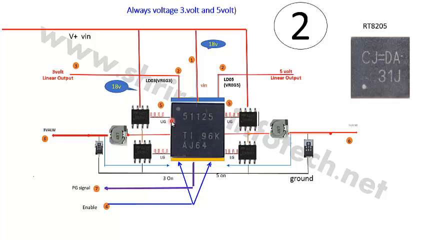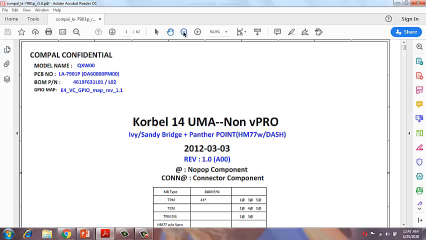So now we'll see in the schematic diagram how we can trace this signal and which are the test points. We open a diagram, that is a Compal LA7901, and we are going to see the 3 volt and 5 volt section. The model is Compal LA7901. Now we'll open the 3 volt and 5 volt section.